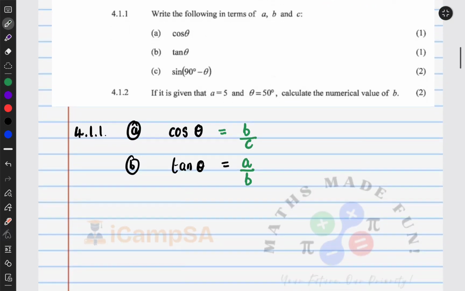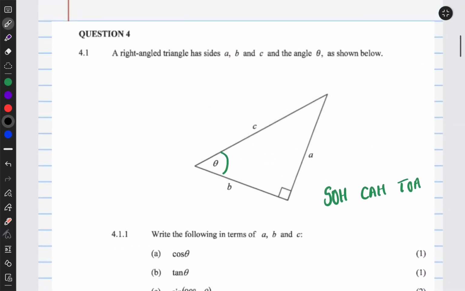And then for C we have sine 90 minus theta. Which angle is 90 minus theta? Remember, we are in a right angle triangle, and the sum of the angles in a triangle is 180 degrees. Here we have theta, we already have 90 degrees.